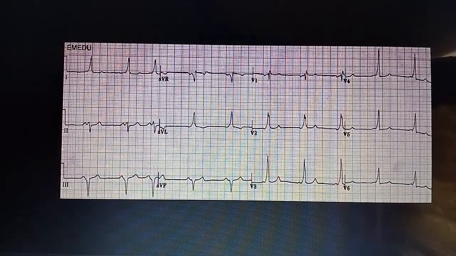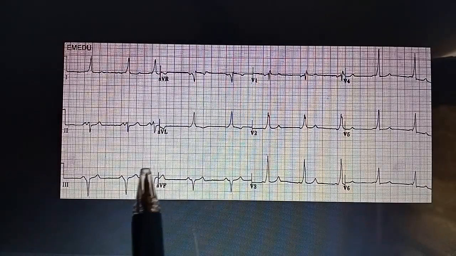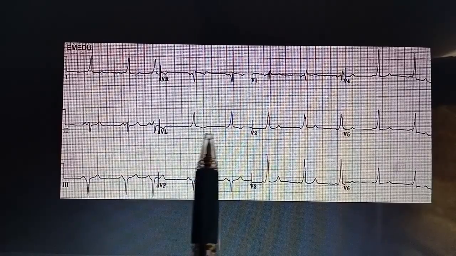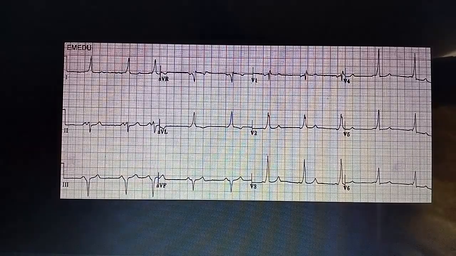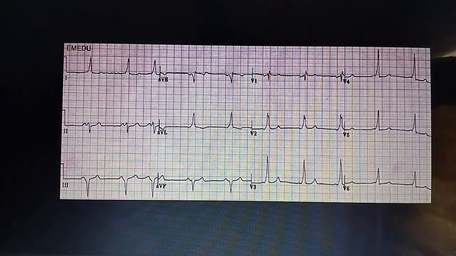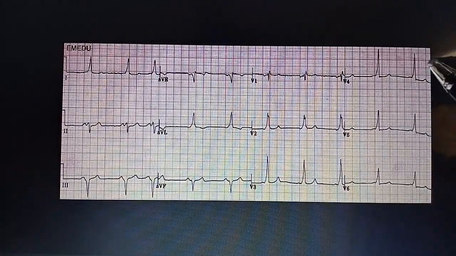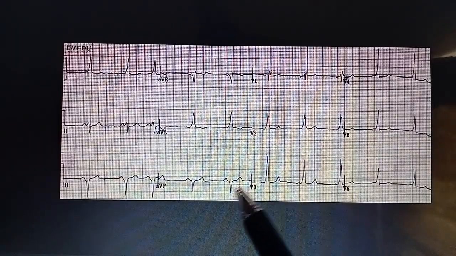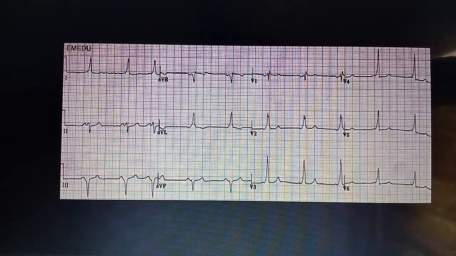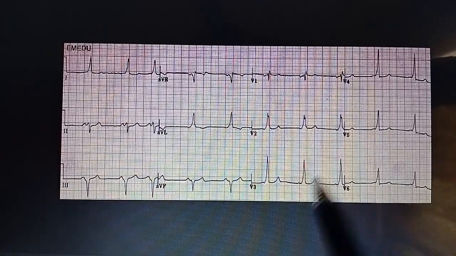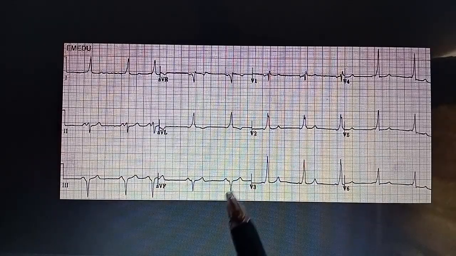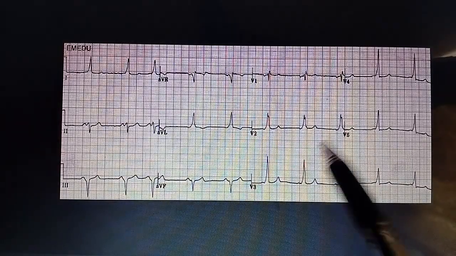Now we have another very important case, the ECG of Wolff-Parkinson-White syndrome, and as you can see, there are these slurred QRS upstrokes. Wolff-Parkinson-White syndrome can be signified by the delta wave, which is actually the QRS upstroke-like appearance.